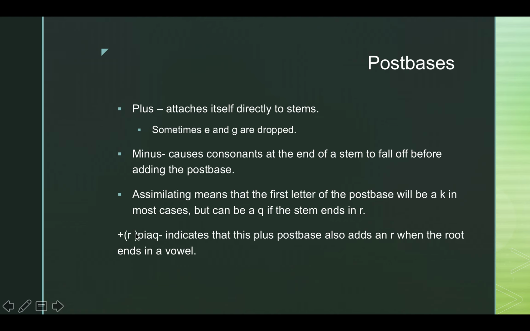So anything in the parentheses is only added if the root ends in a vowel. And then here's the postbase, and then it must be finished out. Like if this is a dash, then that means that it's a verb and it needs an ending. If it were just to be plus piak and there were no dash, that would mean it was a noun and that it didn't need an ending.